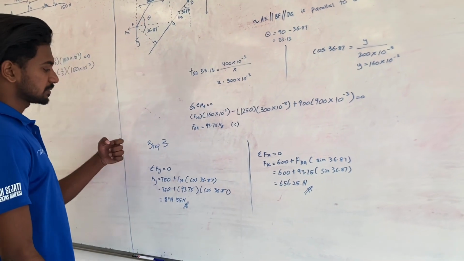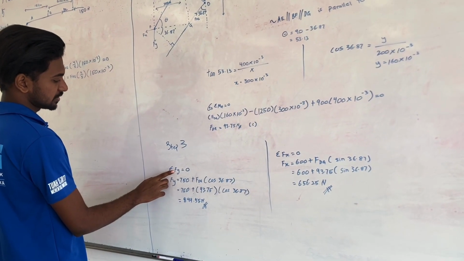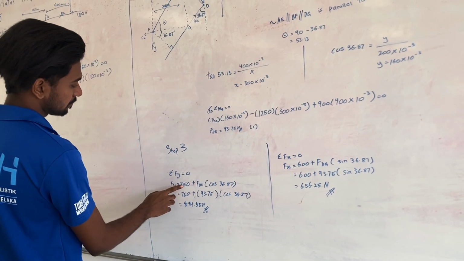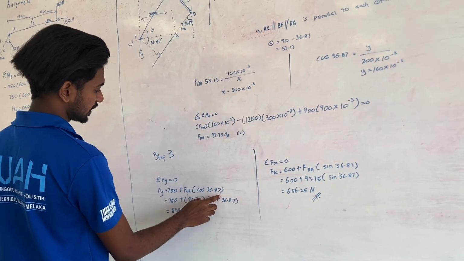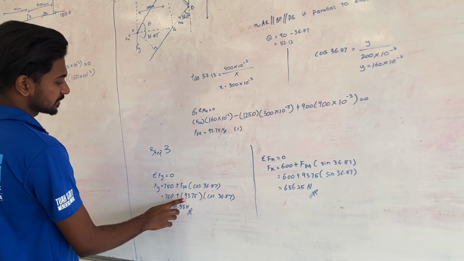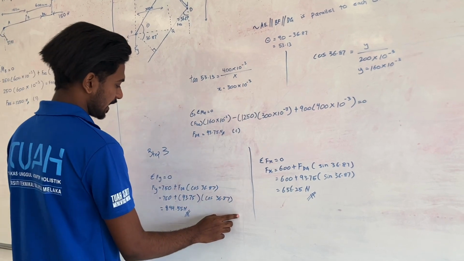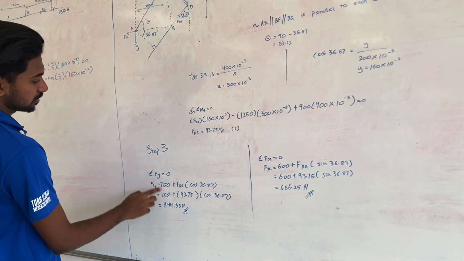And finally for step 3, summation of forces on y-axis equals 0. Fy equals 750 plus FDG bracket cos 36.87 bracket, 750 plus bracket 93.75 bracket cos 36.87, and finally you got 844.55 Newton for y.